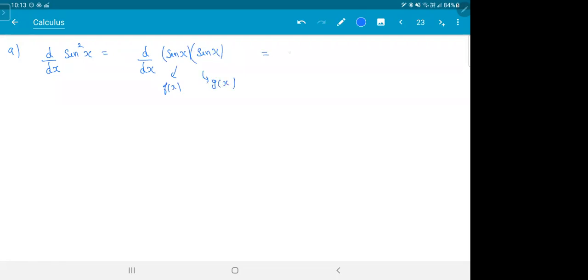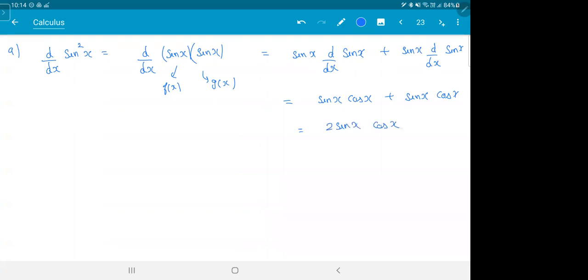Put it in the formula. F of x into differential of g of x. So when you differentiate sin x, the other will be inside. Sin ka differential is cos x. So we get 2 sin x cos x.